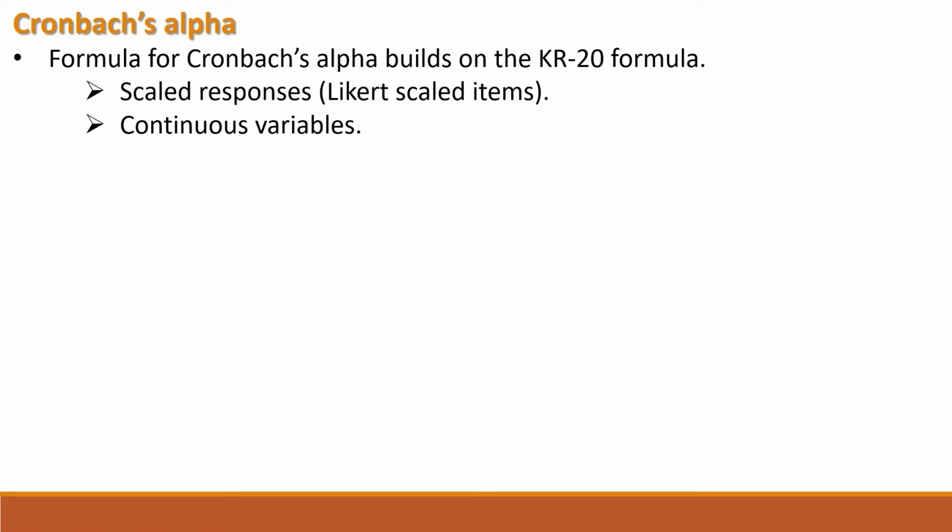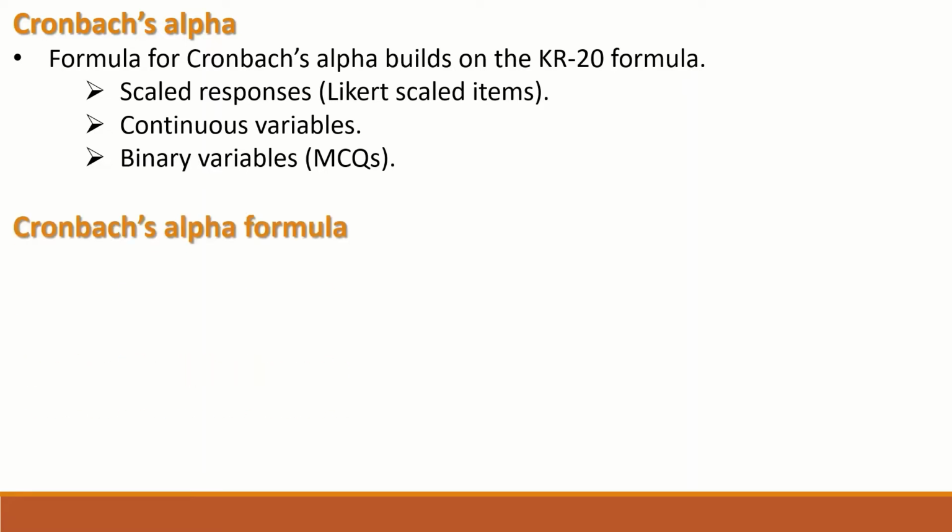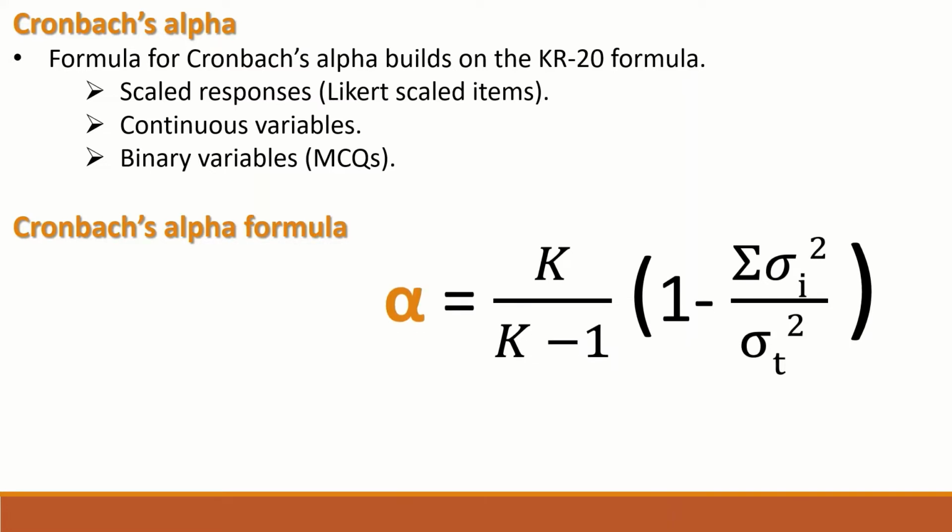It can be used for continuous variables, and it can be used to analyze the reliability of binary variables such as multiple choice questions. Cronbach's alpha formula is: alpha equals k divided by k minus 1, multiplied by 1 minus the summation of the variances for each individual item divided by the variance for the total score.